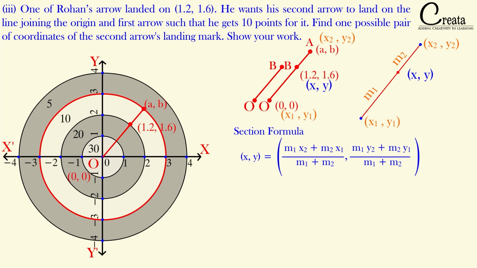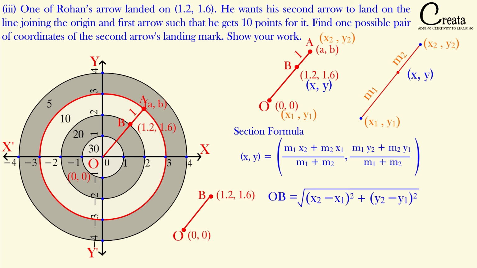We can easily calculate the distance OB using the distance formula, and the distance between the point A and B, it is 1 unit. If you observe the main figure, the radius of this circle is 2 units and the radius of this circle is 3 units, and the distance between these two circles is 1 unit. So we can say the distance AB is 1 unit. Got it? Further, let's find the distance OB, that we can find using the distance formula.